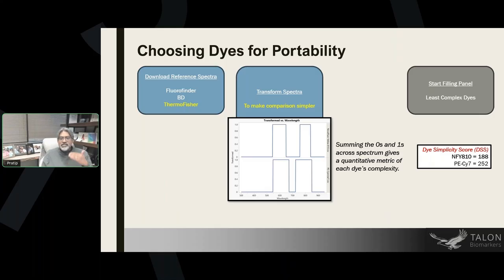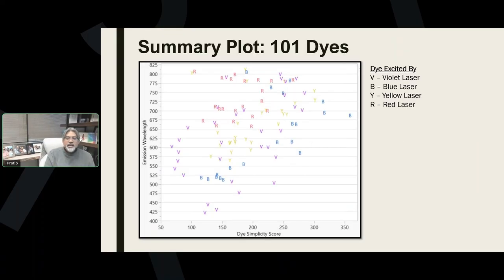And we can actually sum these zeros and ones across the entire spectrum to give a dye simplicity score for each of these dyes. In the case of Nova-4 Yellow 810, that score is 188. In the case of PE Psi 7, the score is 252. We did this for 101 dyes that I could think of off the top of my head.